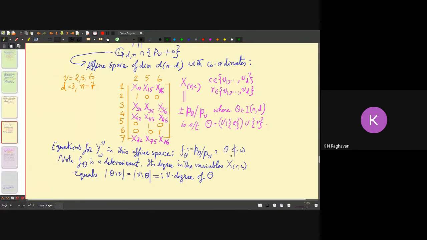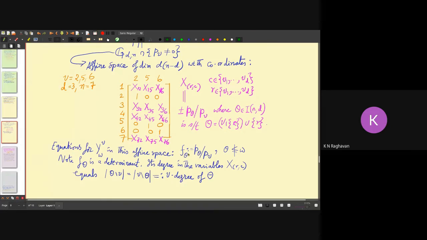That's easy. The problem, however, is that this P theta looks like a very nice projective coordinate, but this F theta is a determinant, and note its degree in the variables RC equals, and this is more or less obvious, how much theta differs from V. I call that the V degree of theta.